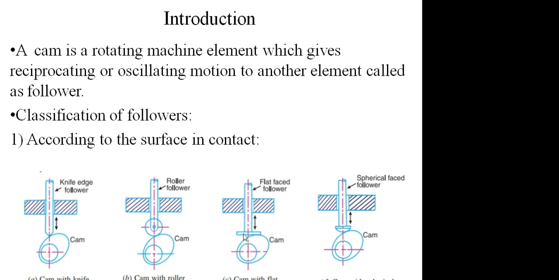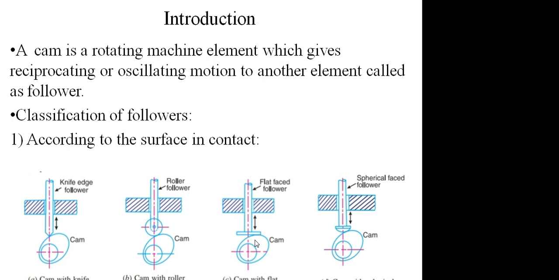So this is the third type of follower, that is the flat face follower. At the end of the follower, a flat face is provided. In this type of follower, the axial thrust which arises because of the roller is reduced, as the roller is replaced by a flat face. But in the flat face follower, as there is contact between sliding surfaces, contact stresses are going to develop.